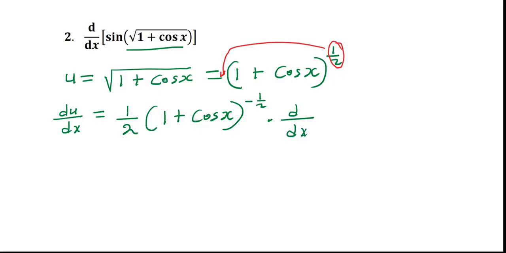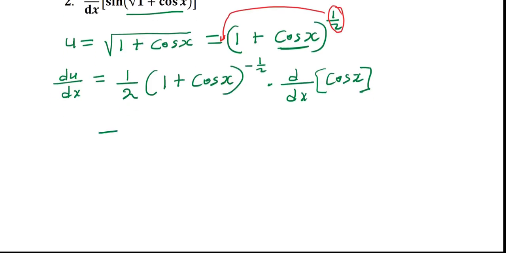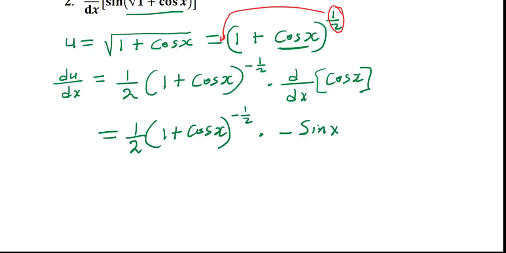of cos x. So multiply by the derivative of cos x. So automatically, this will be equal to 1/2 (1 plus cos x) to the power of negative 1/2, times the derivative of cos x, which is negative sine x.